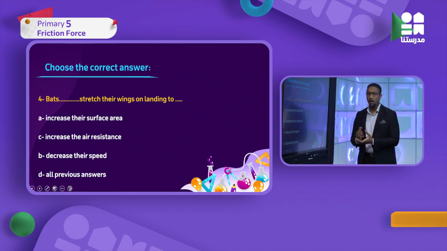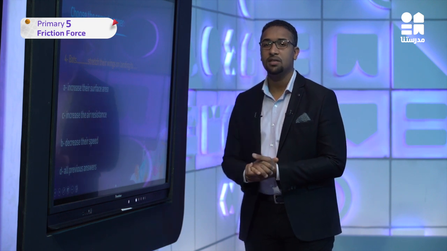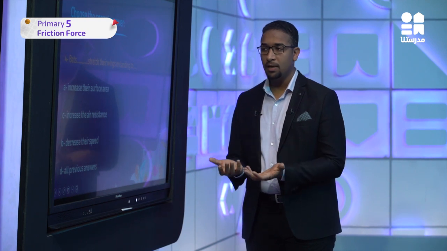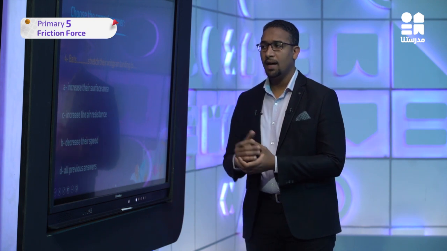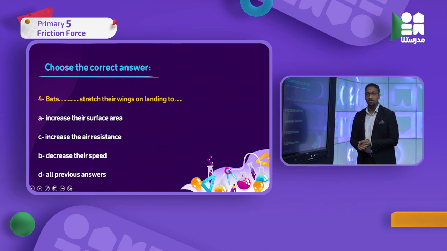They do that to increase their surface area. It's right. To increase air resistance. Also right. Decrease the speed, so they slow down. Surely all of this is right, so our answer will be all previous answers. All of these can be true: the bat stretches its wings to land. So we choose the last answer, which is all previous answers.